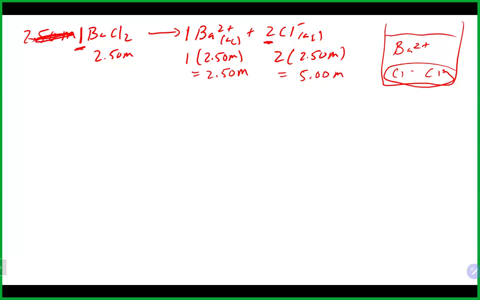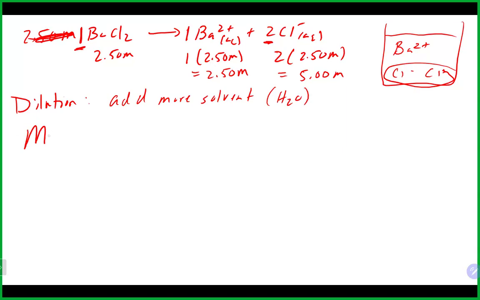We finished up, I think, talking about dilution last time, and dilution is really when we add more solvent. In a lot of cases, the solvent that we use is water, but not always. Technically you're adding more solvent. So what happens in a dilution is we actually lower the concentration because molarity is technically moles of solute over liters of solution, and our solution is both the solute plus the solvent.